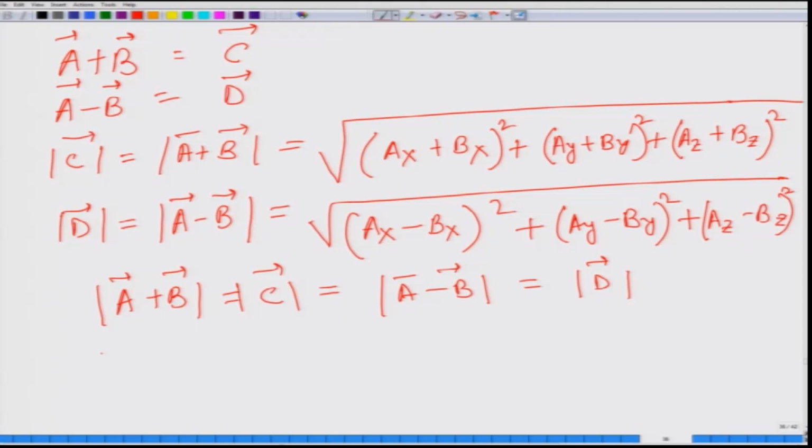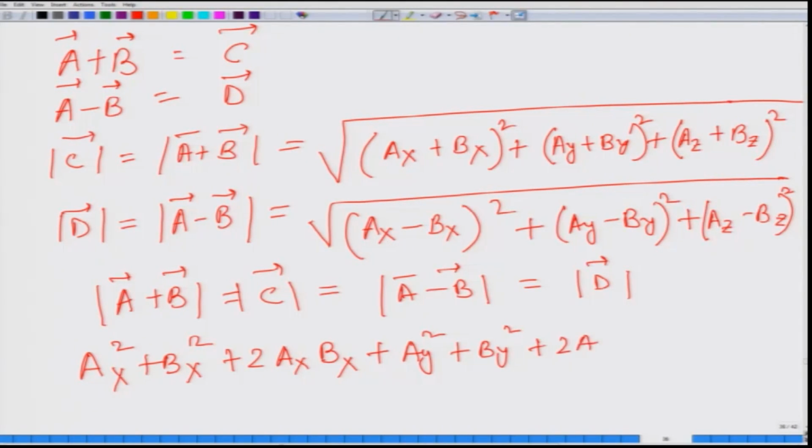So I can just square it and write it as AX square plus BX square plus twice AX BX, plus AY square plus BY square plus twice AY BY, plus, from the third term, AZ square plus BZ square plus twice AZ BZ. This is just A plus B whole square, so I can get A square plus B square plus twice A dot B. And from the right hand side I get the square of this quantity.